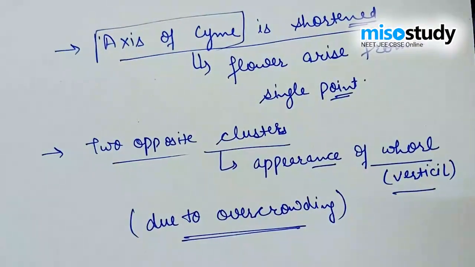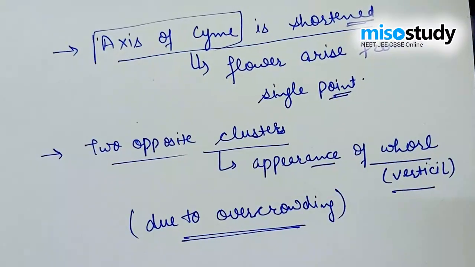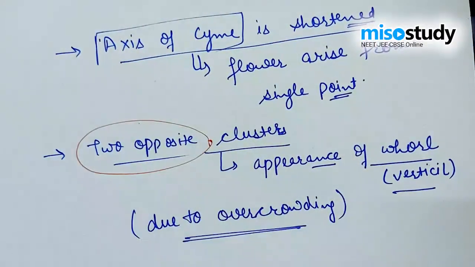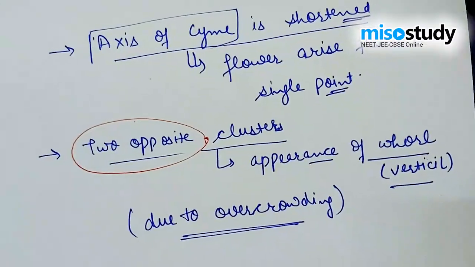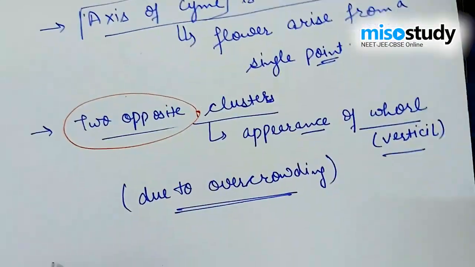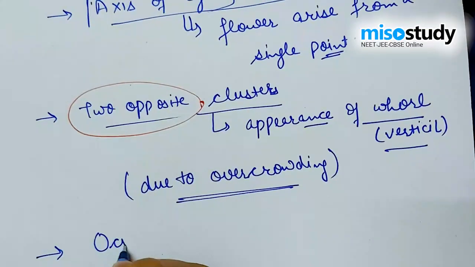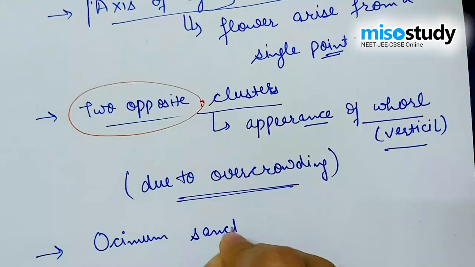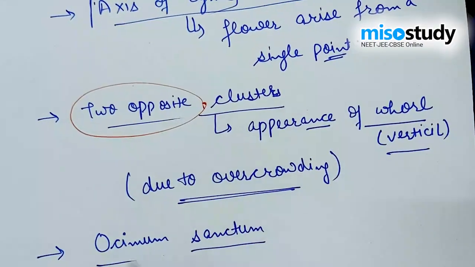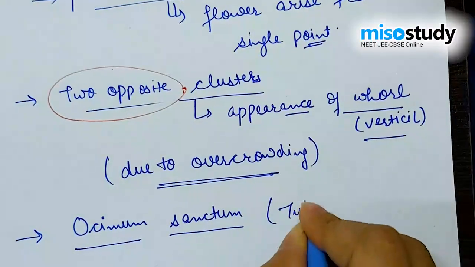To remove the problem of overcrowding, the clusters are generally arranged on opposite branches in the opposite manner, and that is generally occurring in Ocimum sanctum. That is the botanical name for tulsi.